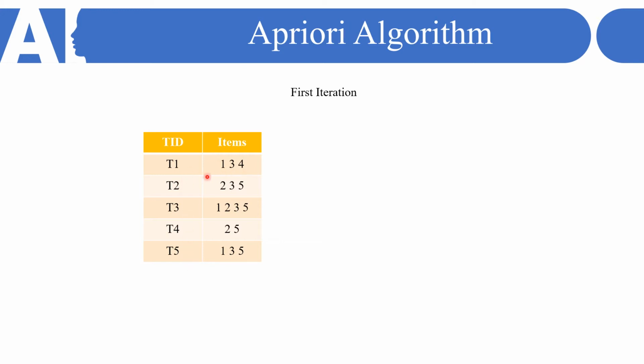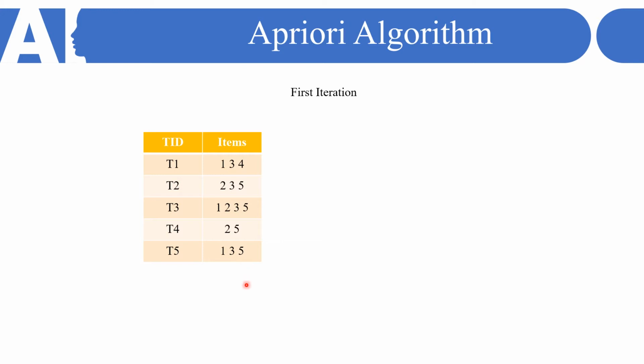In transaction T1, first, third and fourth items have been brought together. Then in T2, items 2, 3, 5. Then in T3, 1, 2, 3, 5. In T4, second and fifth. In T5, 1, 3 and 5. In such a way, the different items are brought together.